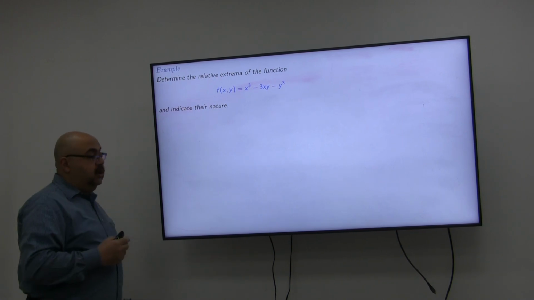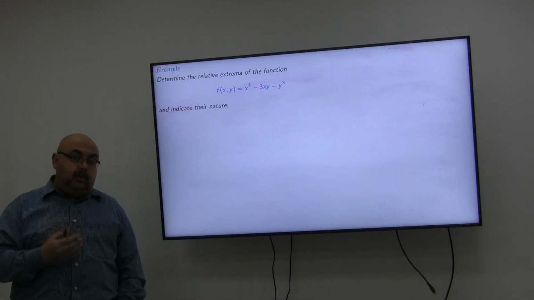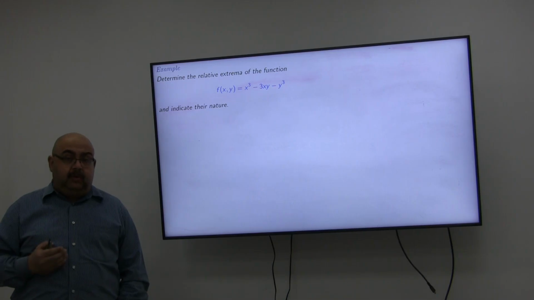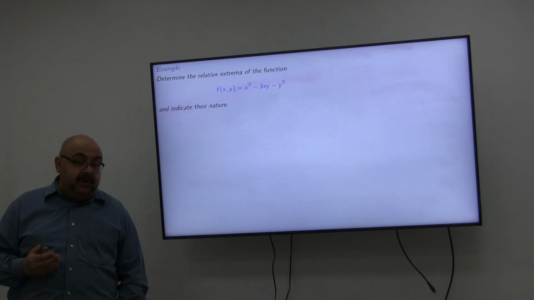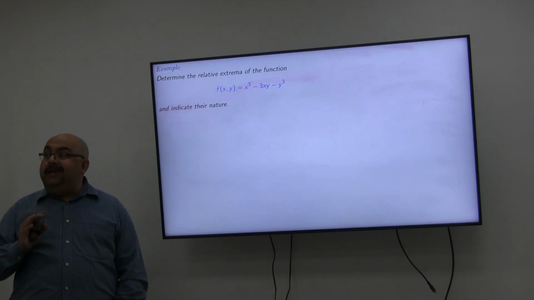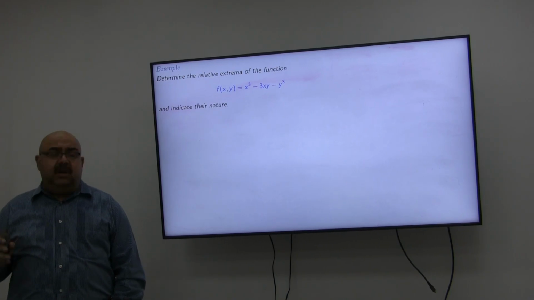So once you get the first partial derivatives and you have your equations, equating them equal to 0, you will have two equations, and you are trying to solve them together. Sometimes it's an obstacle trying to solve these non-linear equations. But other than that, it's very, very simple.